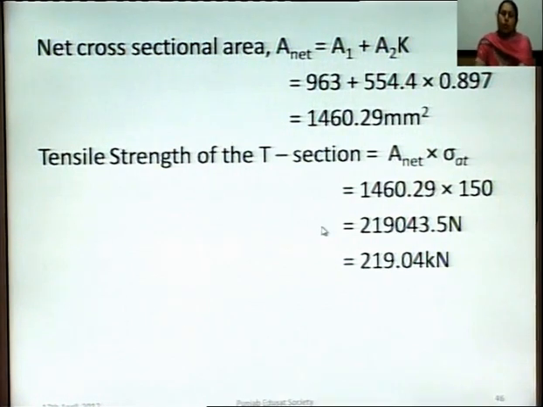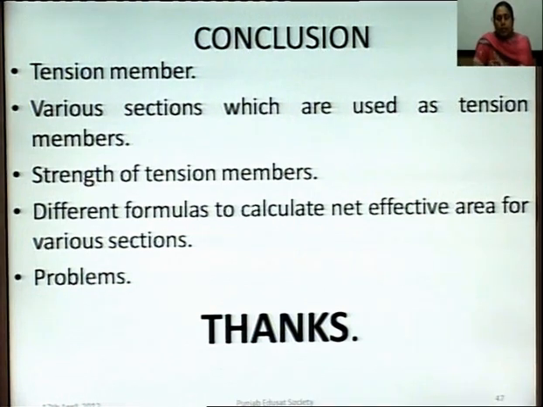Then the strength of the member is net area into permissible tensile stress, which is equal to 219.04 kilo Newton. So, you have seen that the problem is very simple if you know the different formula to calculate the net area of the members.